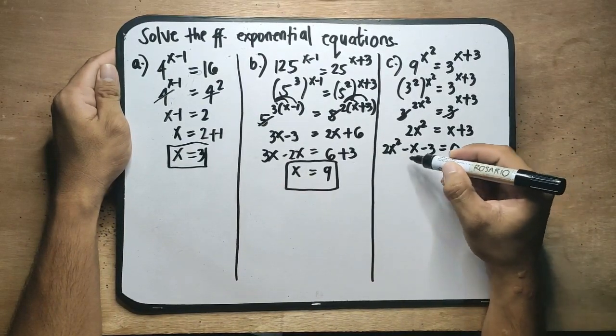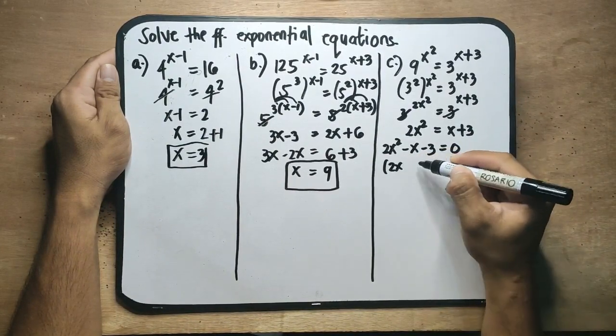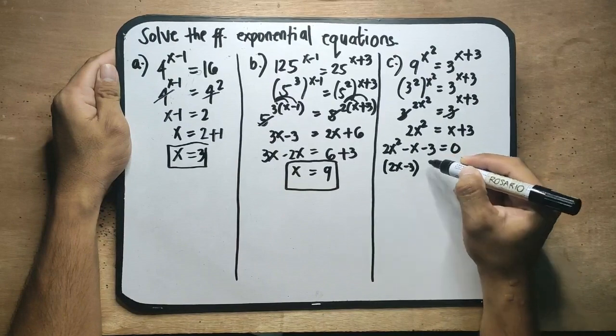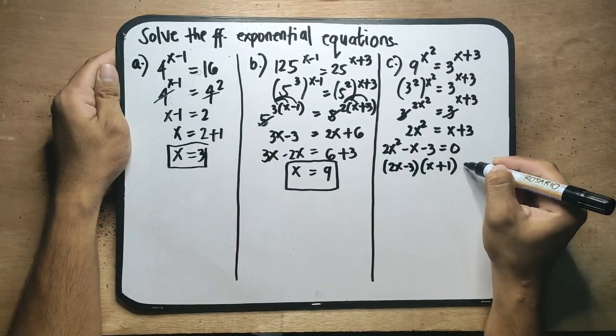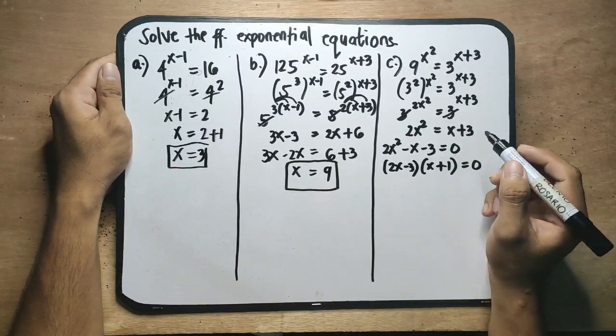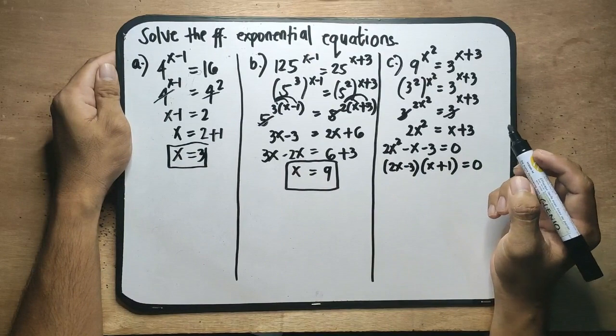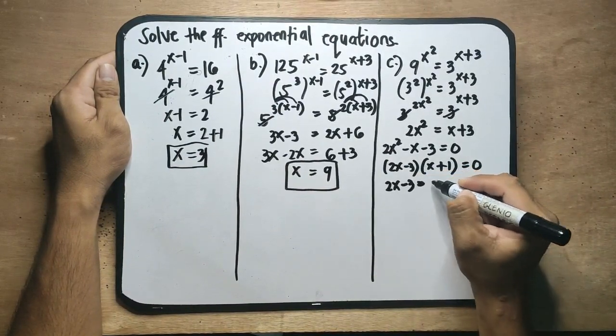So, factors of this quadratic equation, we have 2x minus 3 and x plus 1 is equal to 0. Using the zero factor property, we can equate both factors to 0. So, we have 2x minus 3 is equal to 0.